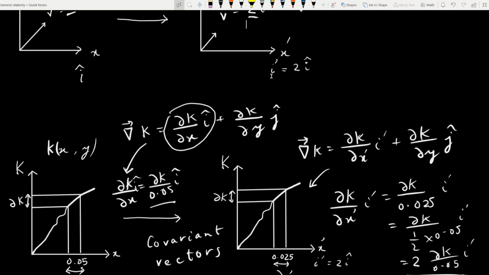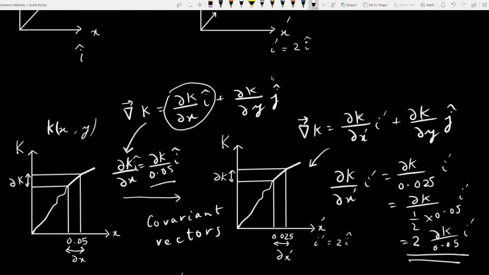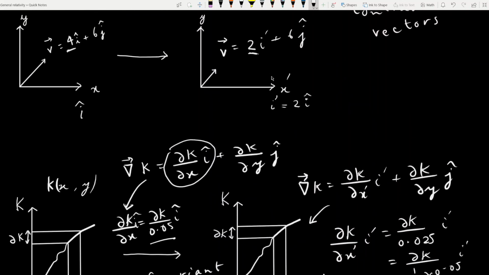So in tensor calculus, contravariant components are denoted with superscripts and covariant components are denoted with subscripts.